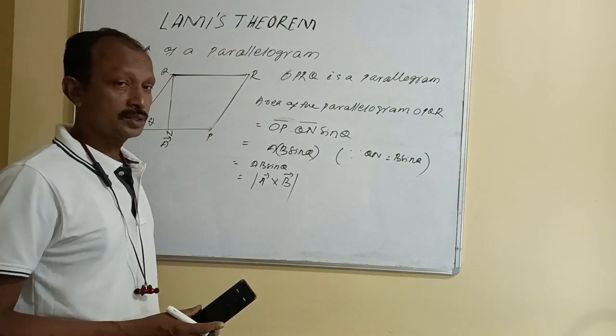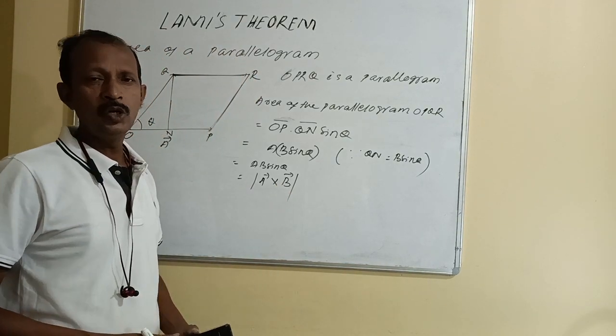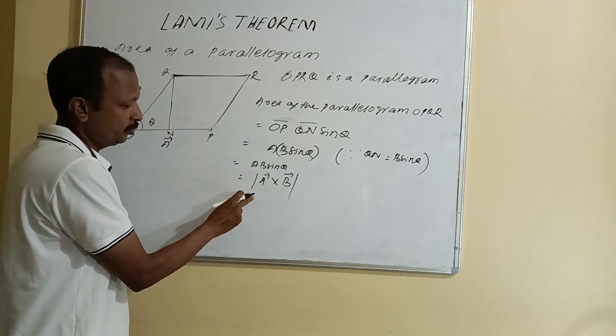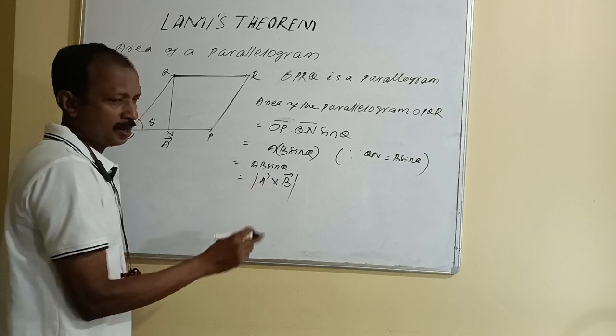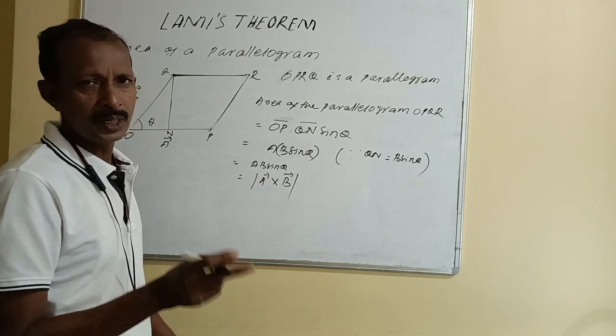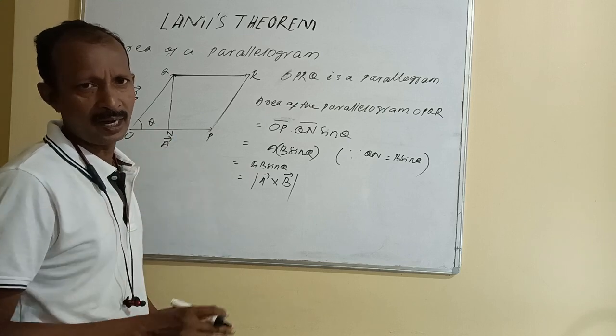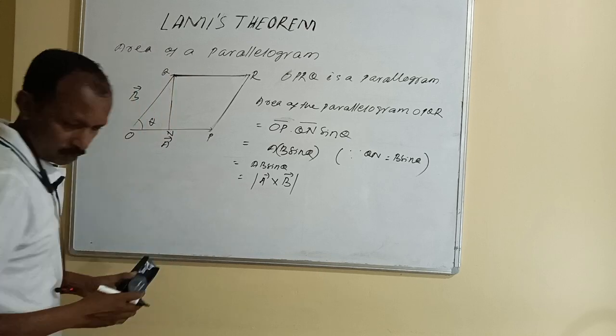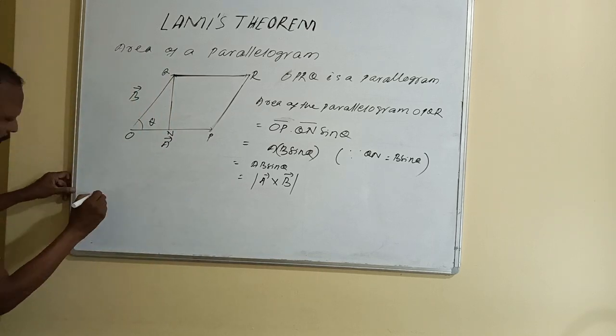So from this equation, what do we get? We get that the magnitude of the vector product of two vectors is equal to the area of a parallelogram with the two vectors as adjacent sides.